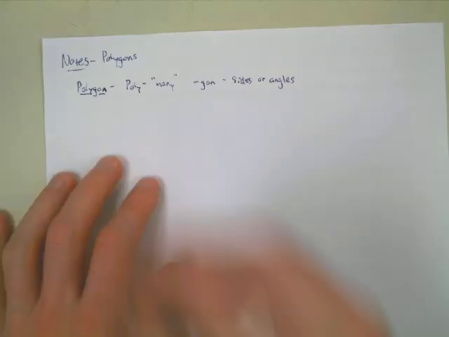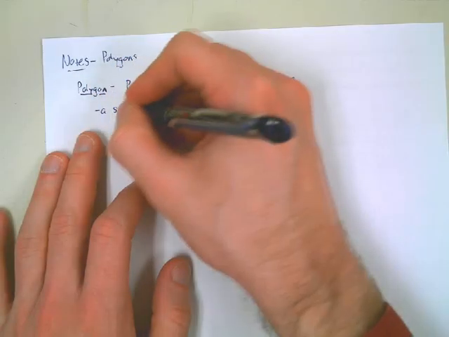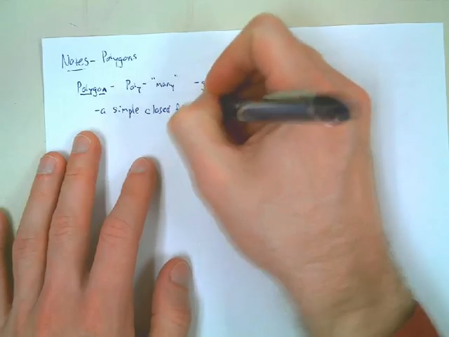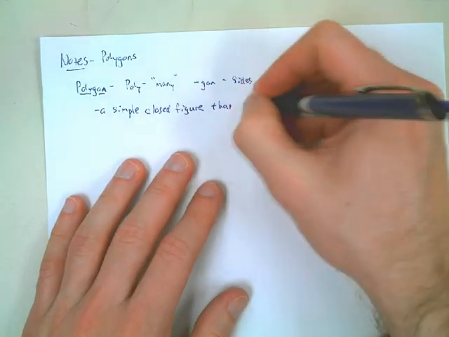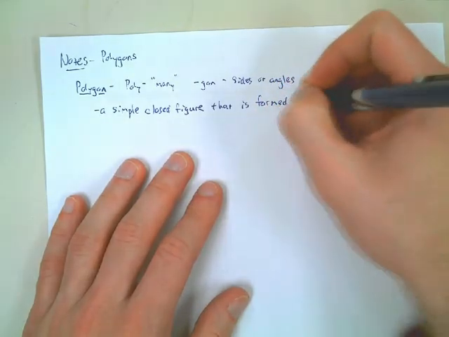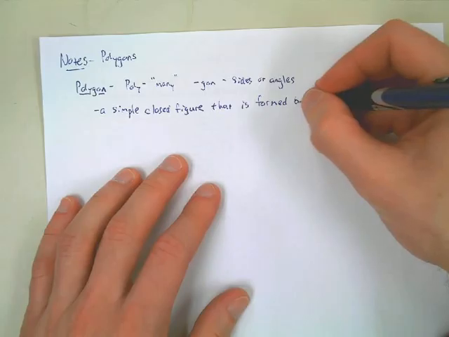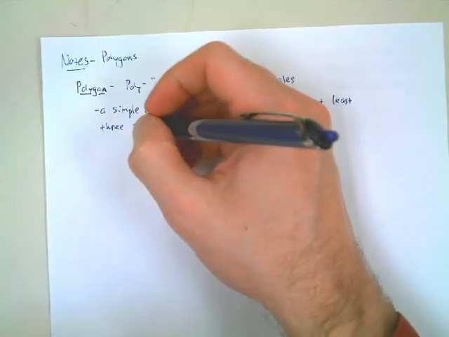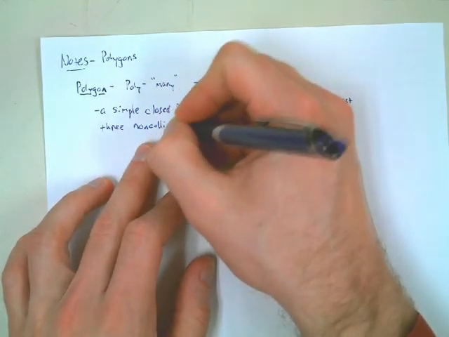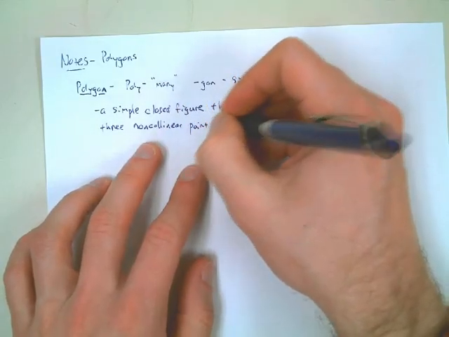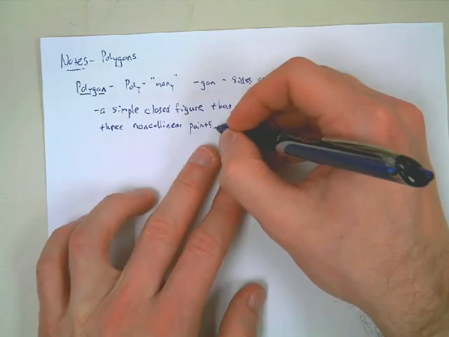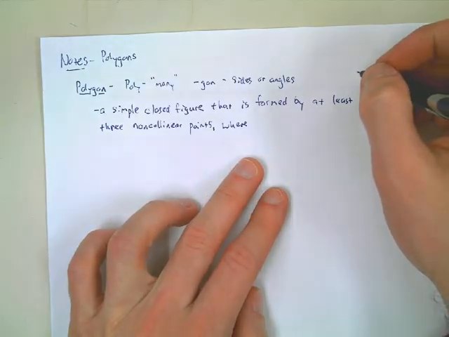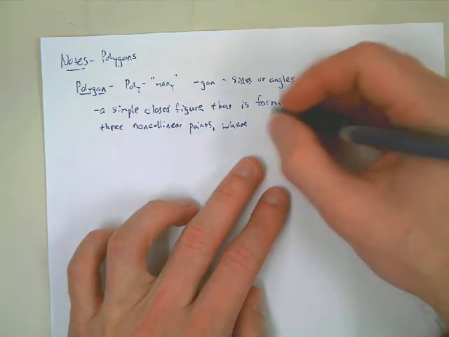It is mathematically defined as a simple closed figure that is formed by at least 3 non-collinear points and where they intersect only at endpoints.